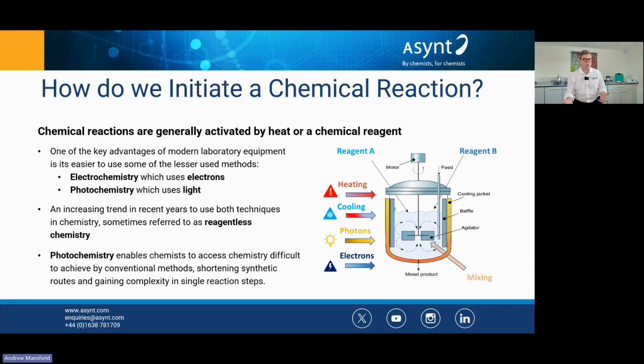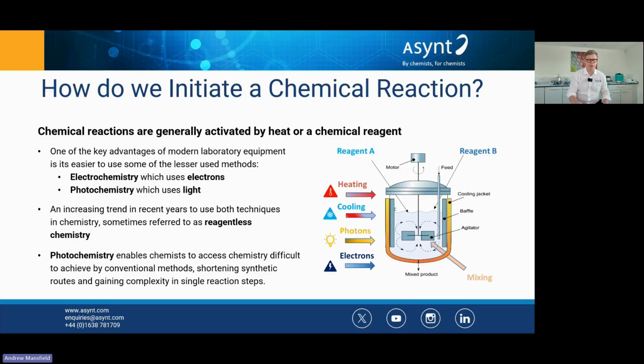We can do this generally thermally, or with a biochemical reagent, but there are techniques that have been underused over the years, and that's really been from the ease of use for the equipment setup, that inertia of finding the right apparatus and being able to carry out these lesser known chemistry methods safely, reliably and reproducibly as well.